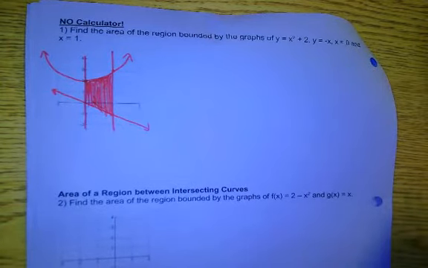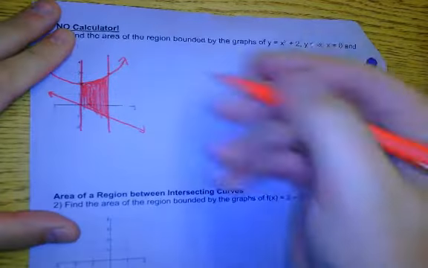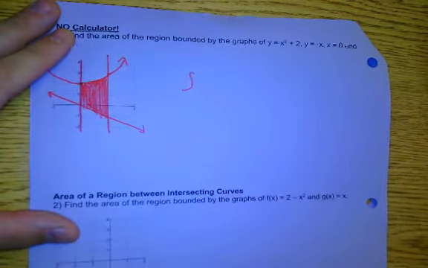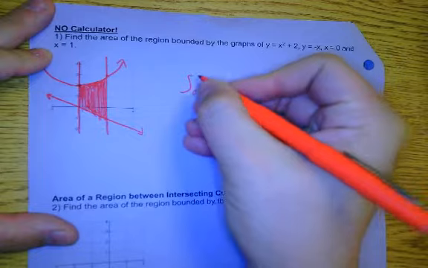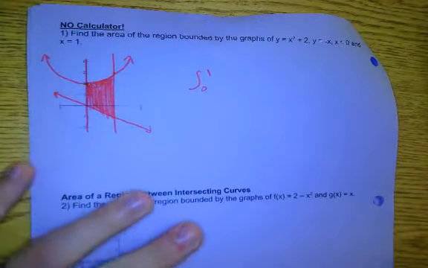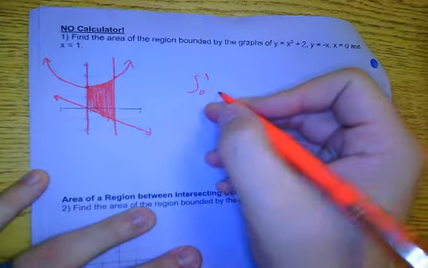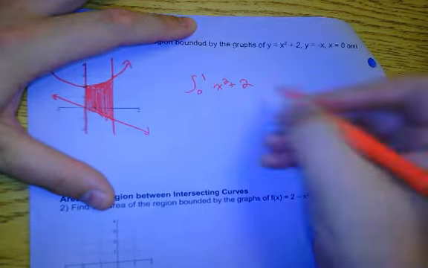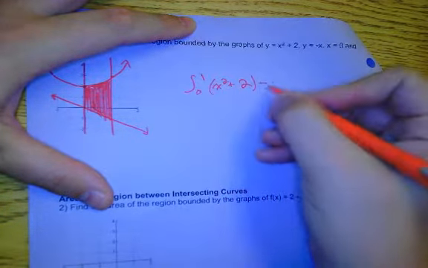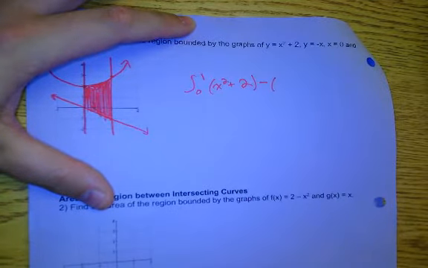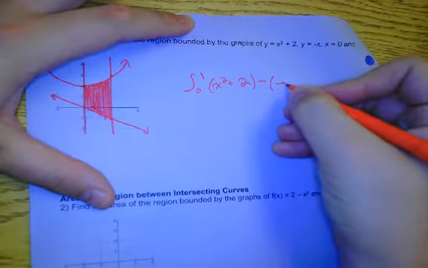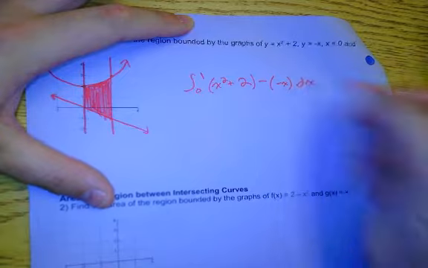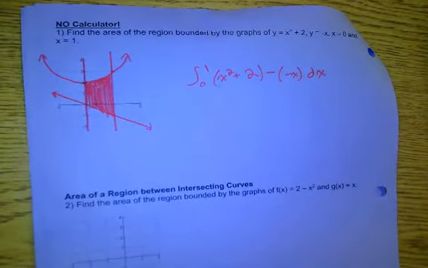So integrating this, what are my bounds? 0 to 1. What's my big function? X squared plus 2. Minus, what's my little function? Negative x dx.